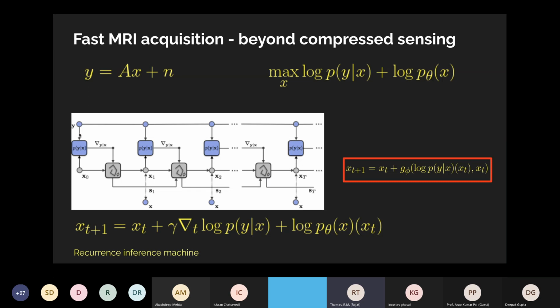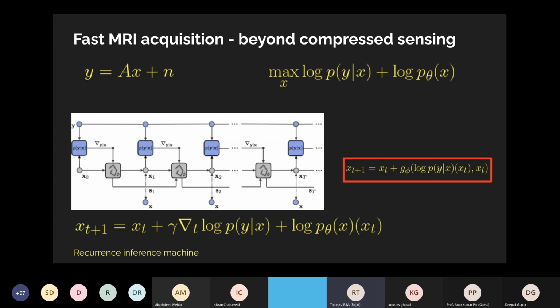But you know what y you have, because this is the measurement you made. And there is a difference, your probability is not perfect, right? Then you can take the gradient with respect to x to update this, what you call a state function, which will then transform x0 into x1. You keep doing this until you reach convergence, and like that, you can solve the inference. So this is called a recurrent inference machine.